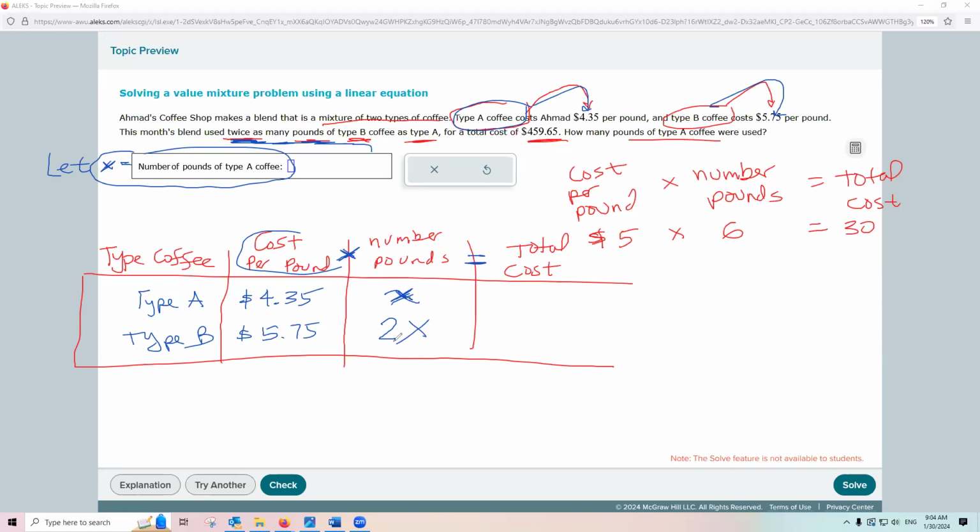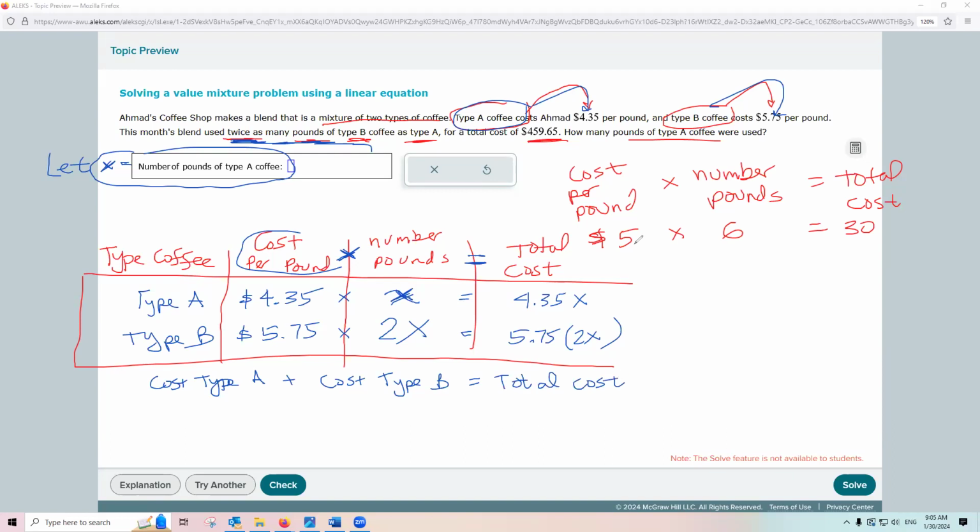All right, now let me go ahead and fill in the total cost. I'm just going to multiply straight across. So 4.35 times x for the first row. For the second row, 5.75 times 2x. All right, if I take the cost for type A coffee and add the cost for type B coffee, that has to equal the total cost for all the coffee.